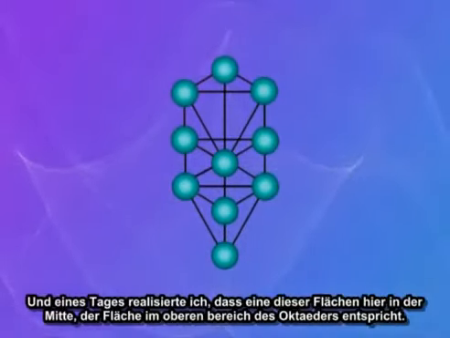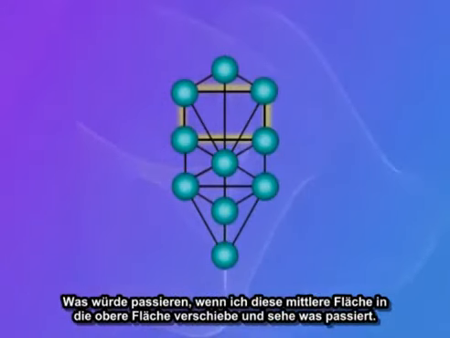And then one day, I said, wait a minute. I realized that one of those boxes in the middle here, okay, matches the box in the top portion of the octahedron. So I thought, what if I slid the middle part box in the upper box and see what it generates?